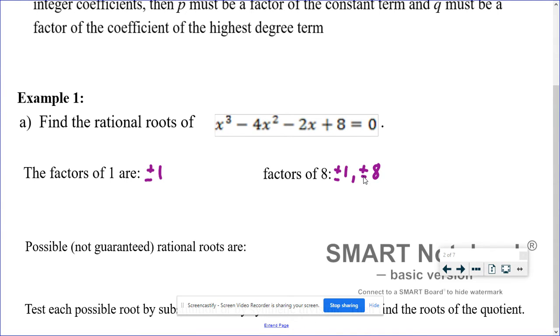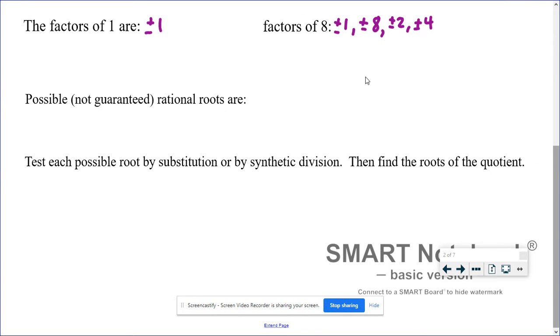I always think of them as in pairs, right? So 1 times 8 is 8. Another factor pair would be 2 and 4, so plus or minus 2, plus or minus 4. And it's plus or minus because negatives could be factors too, like negative 2 times negative 4 would be positive 8.